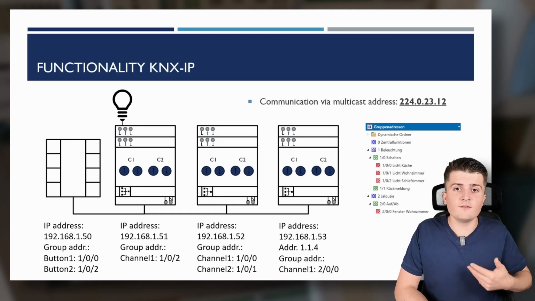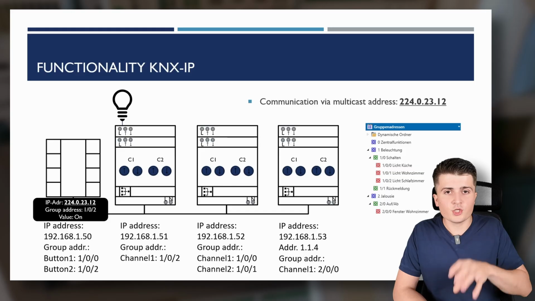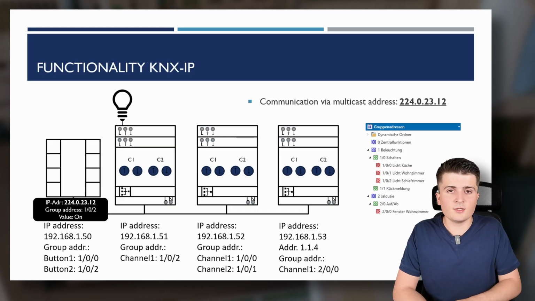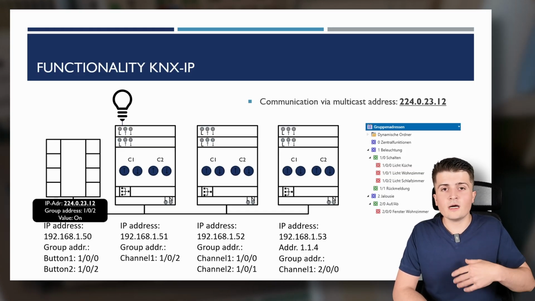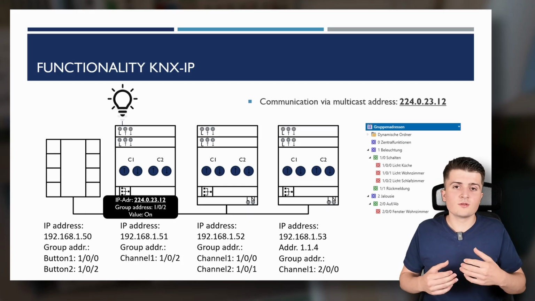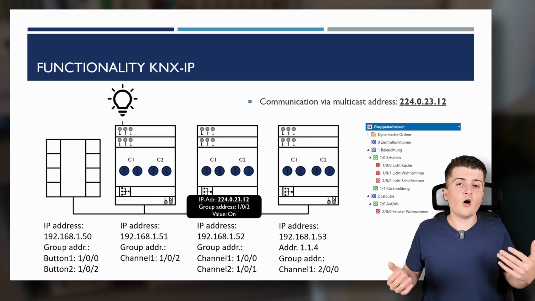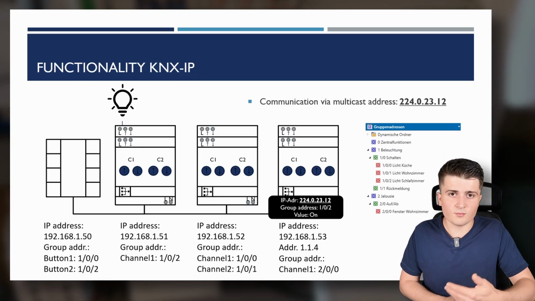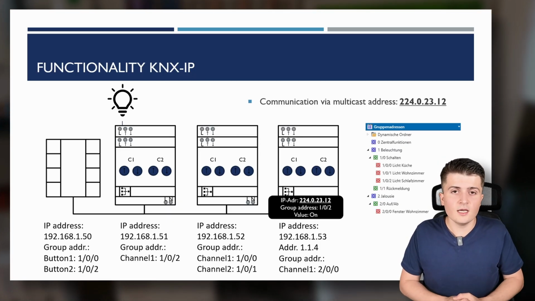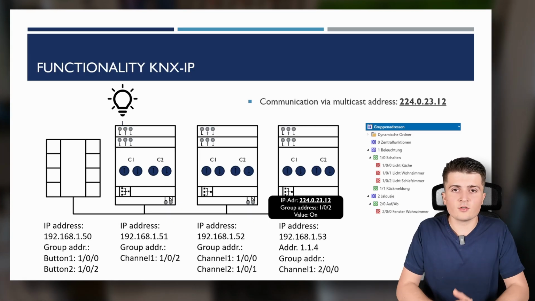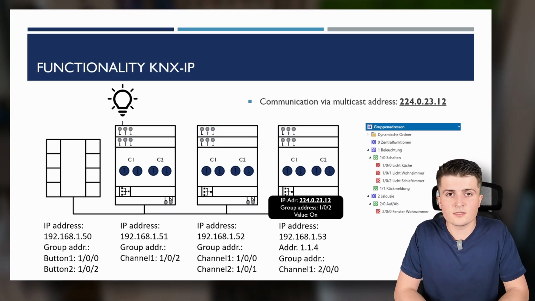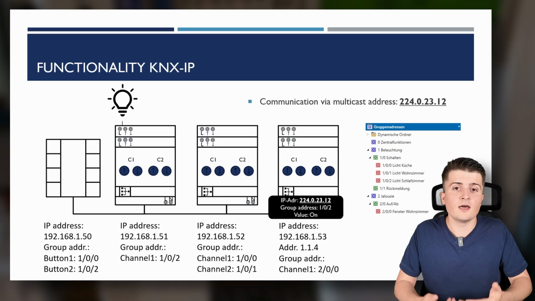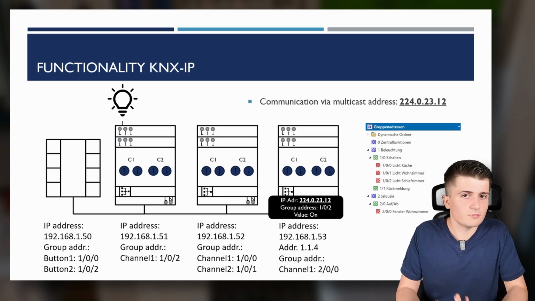So the same behavior as in twisted pair: when a push button is pressed, now in this case a KNX IP device sends a telegram, well then it sends the telegram to this multicast address. Then all the KNX IP devices on the network see that this is the multicast address, they react to it, and then they do the same thing as on twisted pair. They check the group address, check their parameterization, and then based on that do something.